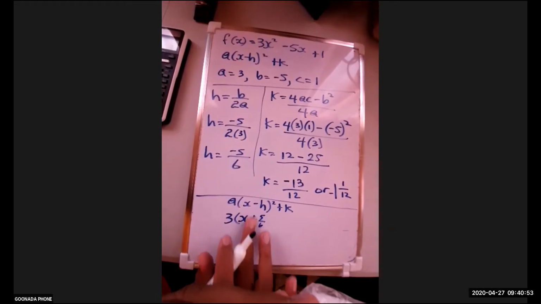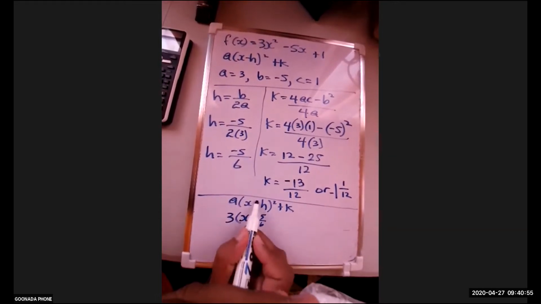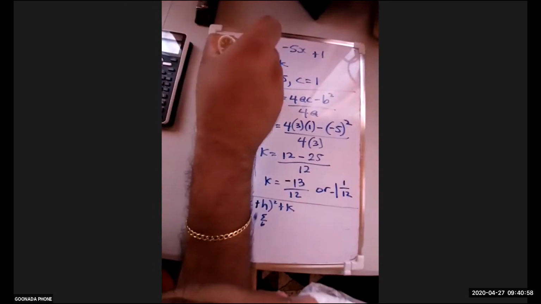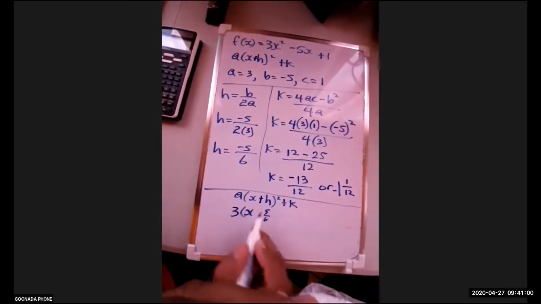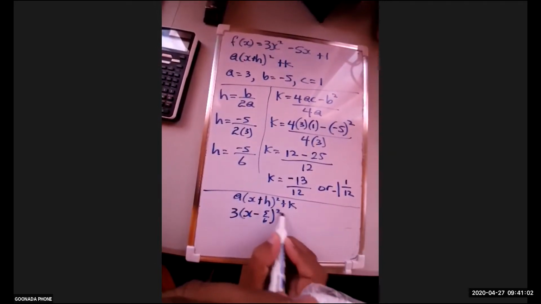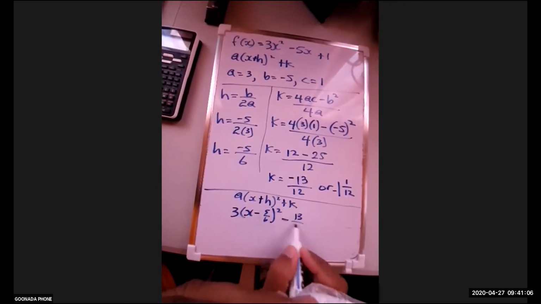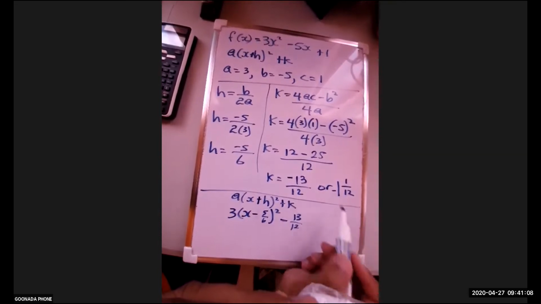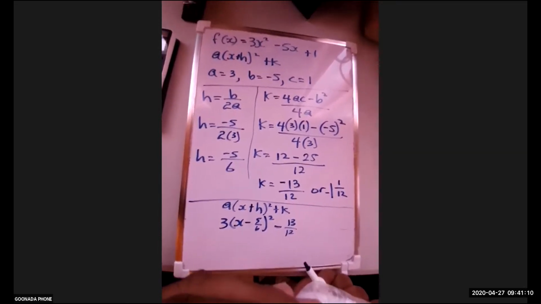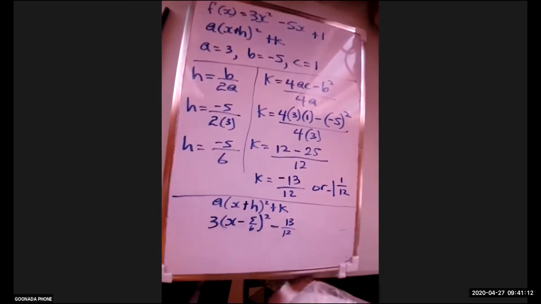Oh wait, I think there was an error in this question. Yes, it's supposed to be positive h. So this will make it minus here. Squared. And of course, a plus by a minus is a minus, so minus 13/12, or if you want to put 1 and 1, -1 and 1/12. Right? Questions here so far?